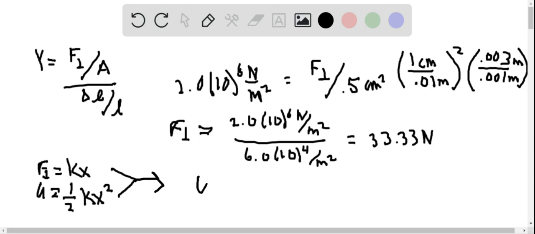we end up with a potential energy of 1/2 times the force times x. Let me get out my calculator.